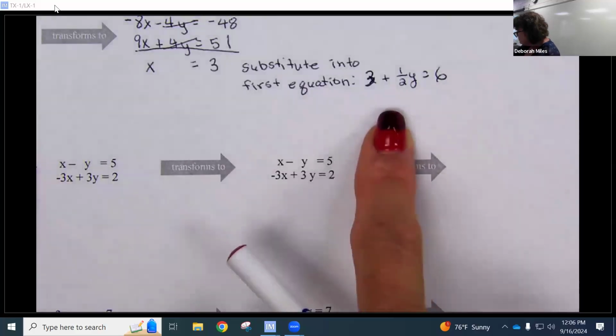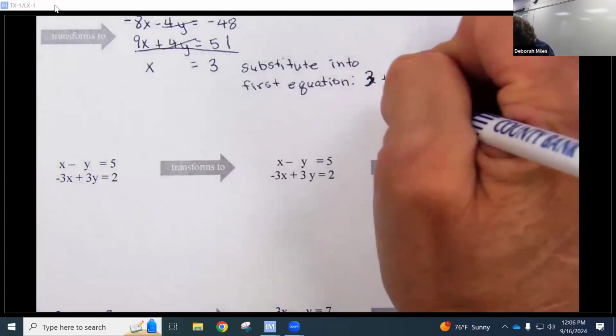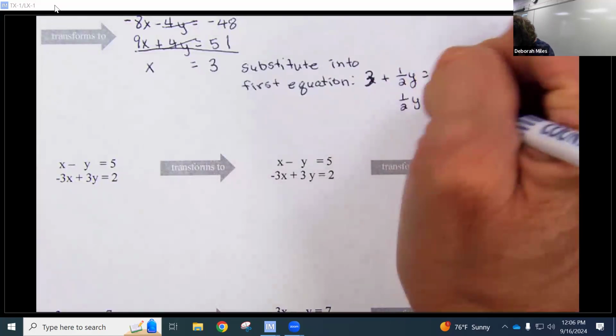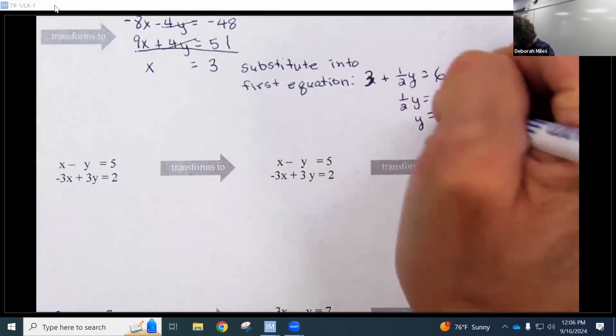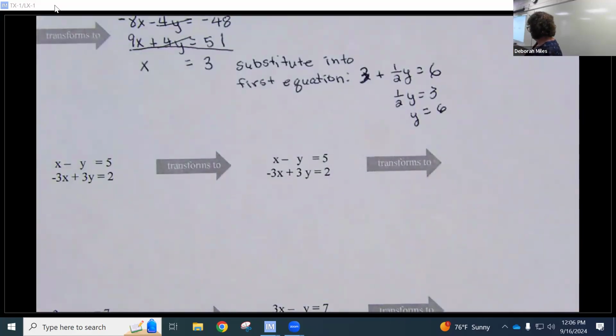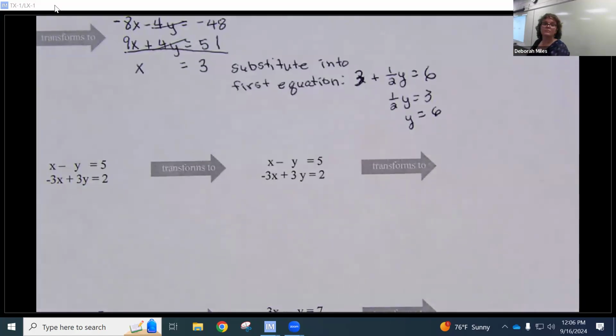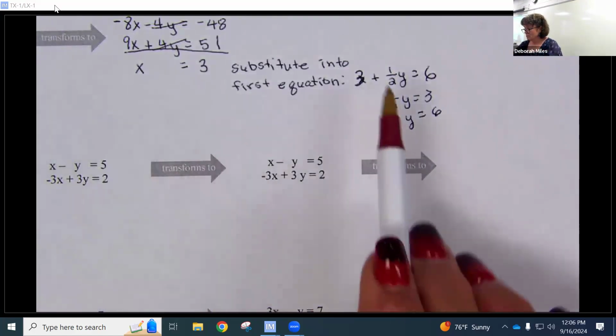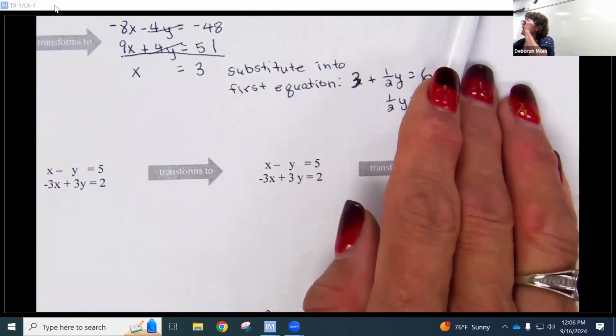Just subtract 3 from both sides and multiply both sides by 2. And you get y equals 6. What if you plugged it into 2x plus y? We'll do it that way.